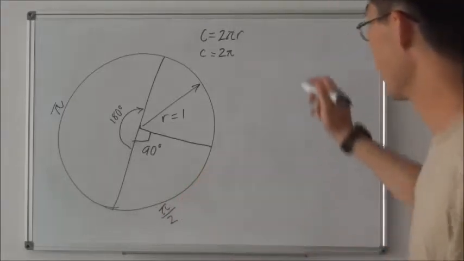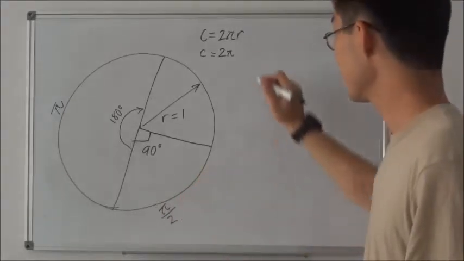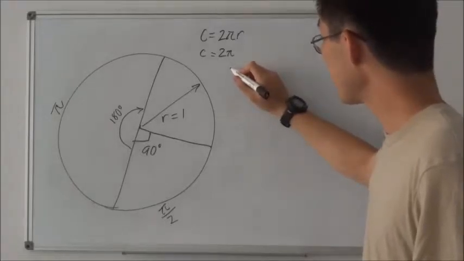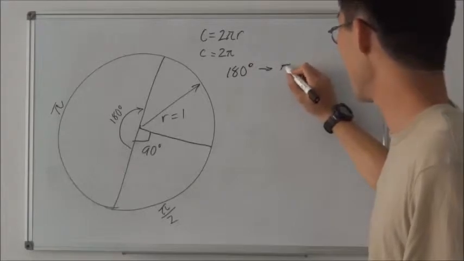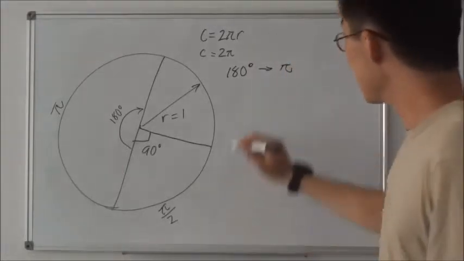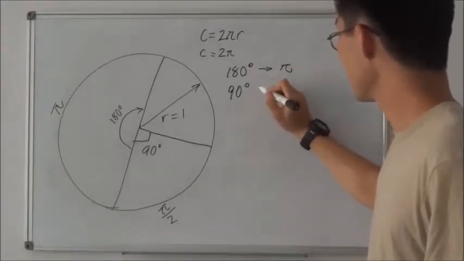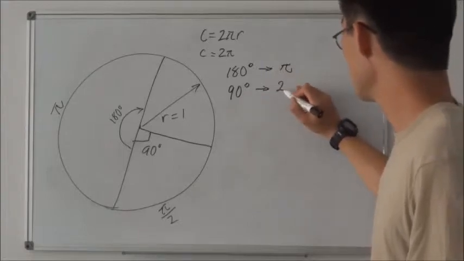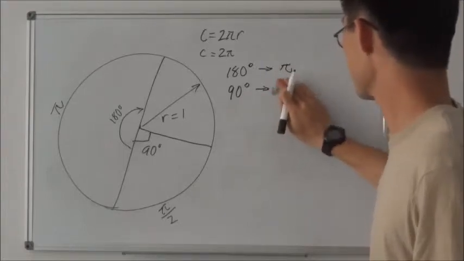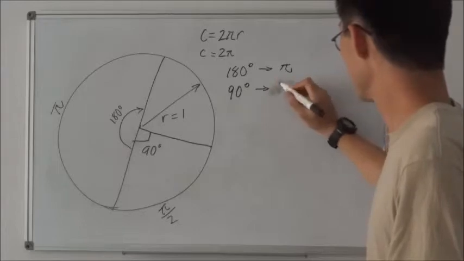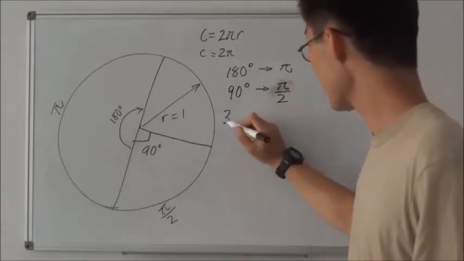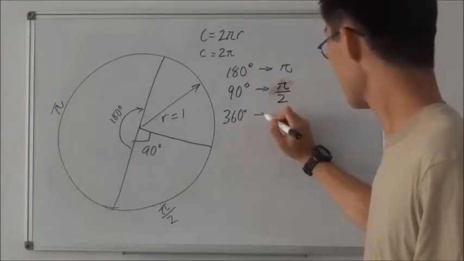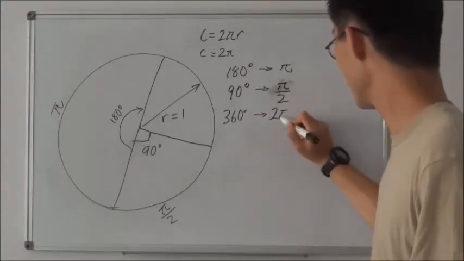So on a unit circle, we can say that 180 degrees corresponds to pi, 90 degrees corresponds to pi over 2, and 360 degrees corresponds to 2 pi.